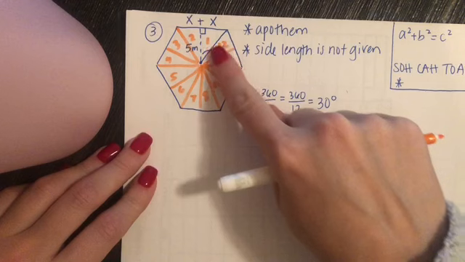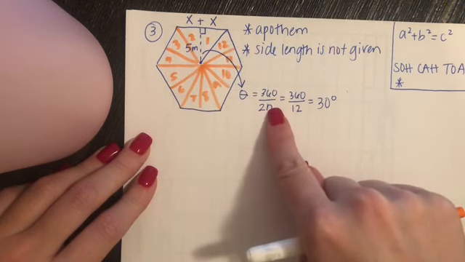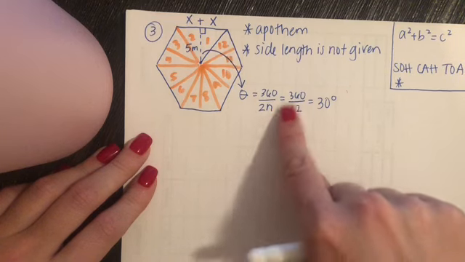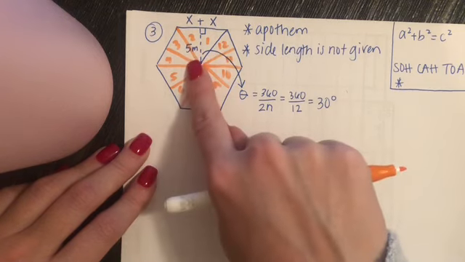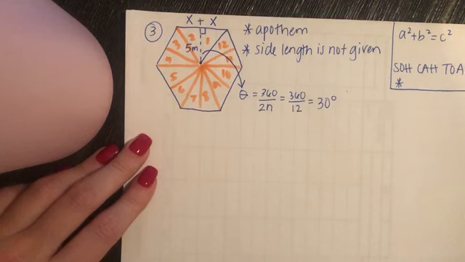So that means this one slice can fit in here 12 times. So we're taking the total 360 and dividing it by 2 times the number of sides, which is 12 total slices. So each of these slices has to measure 30 degrees at the top in order to sum to 360.